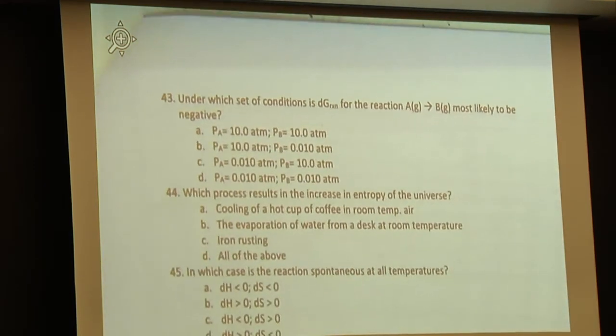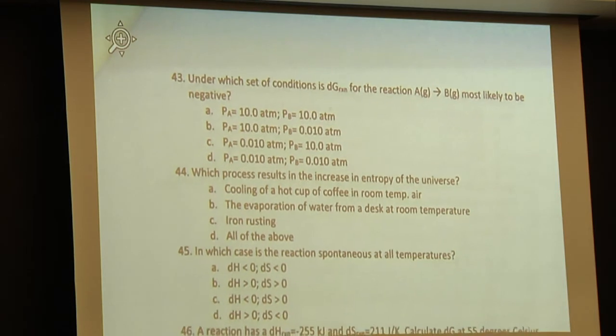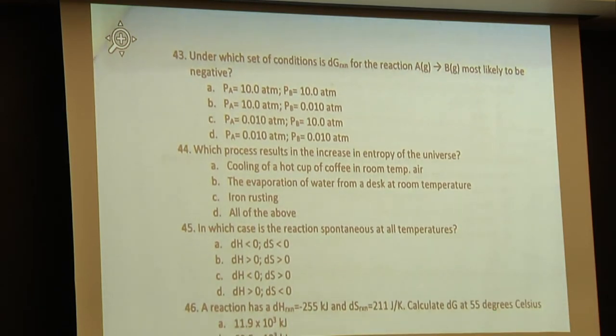All right, 43. Under which set of conditions is this most likely to be negative? The answer for 43 is B. Okay, so there are two delta G equations that you should keep in mind.